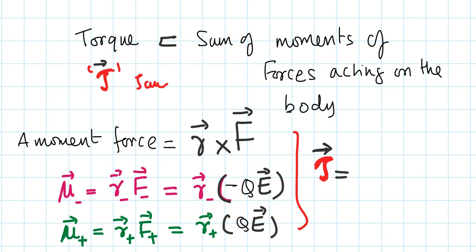So tau is a vector, and that will be equal to the sum of the total moments of force, which in this case is vector mu minus plus vector mu plus, and we had already evaluated these individual terms.